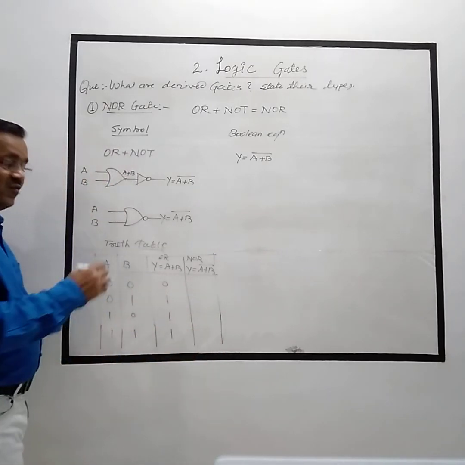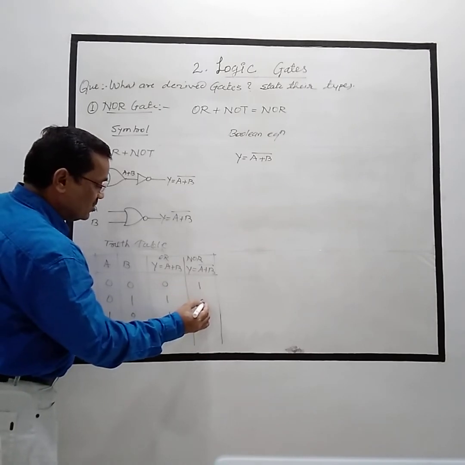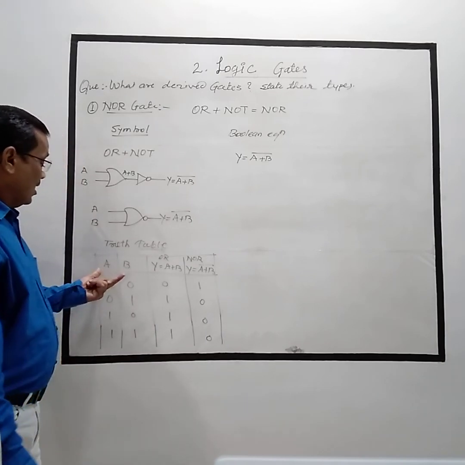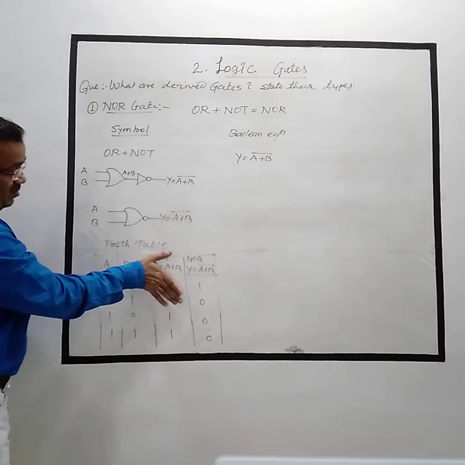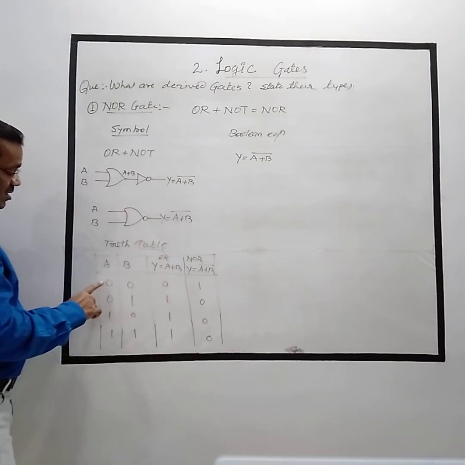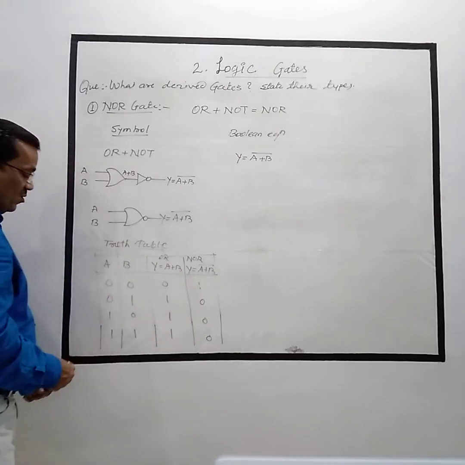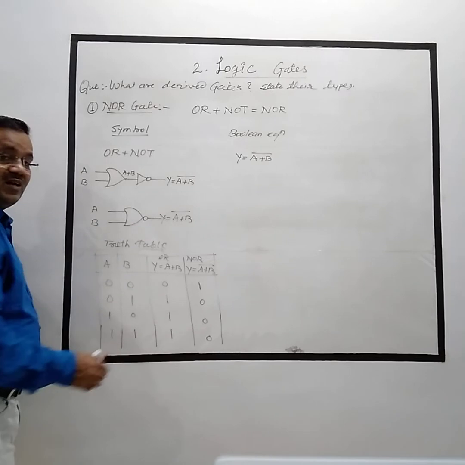The inversion or complement of this will be 1 0 0 0. That means the truth table of NOR gate will be like this: 0 0 gives 1, 0 1 gives 0, 1 0 gives 0, and 1 1 again gives 0.